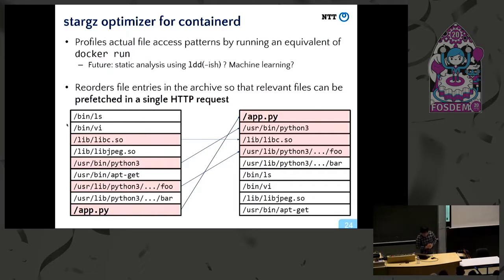And we prefetch these red files in a single HTTP request. Currently, we need to do the equivalent of docker run for getting file access patterns. But in future, maybe we can do some static analysis using the ldd command or maybe some machine learning technology.